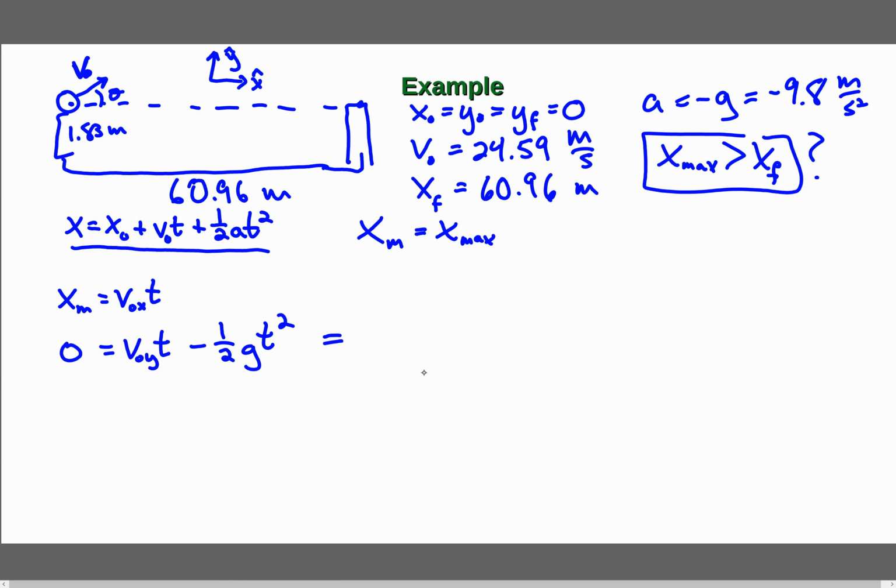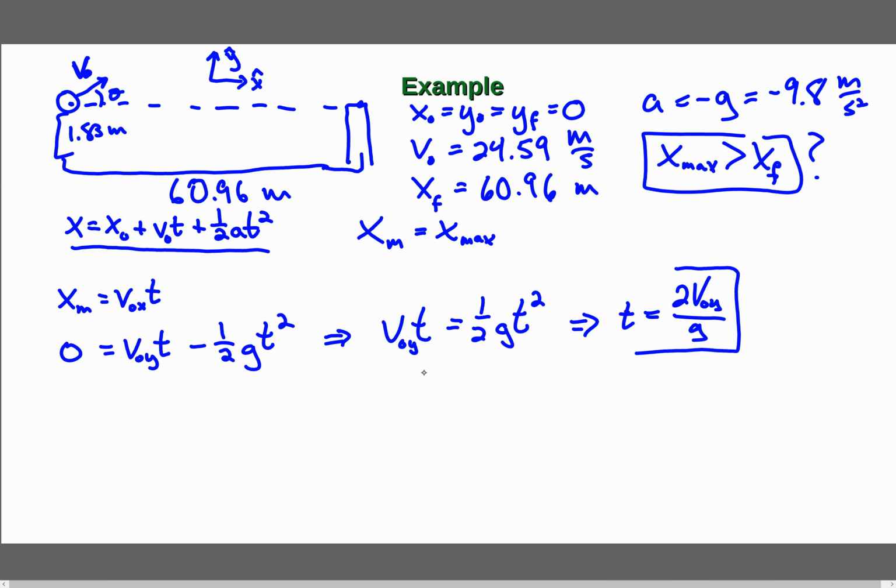Then we can manipulate this to say that v naught y t equals 1/2 g t squared, and that tells us that t equals 2 v naught y over g.